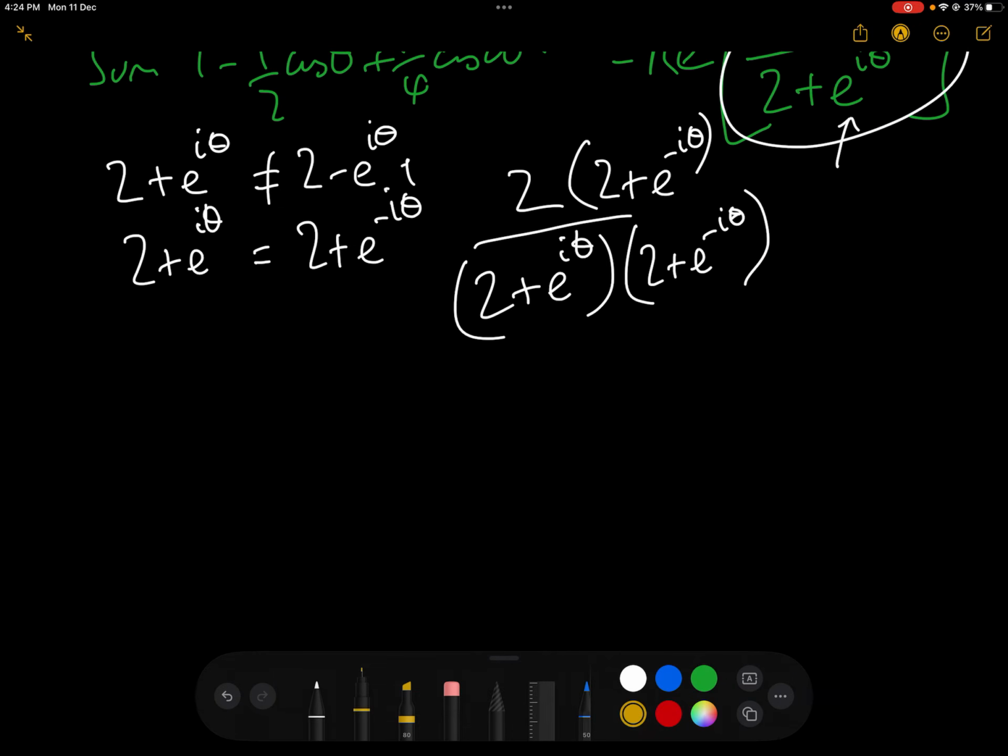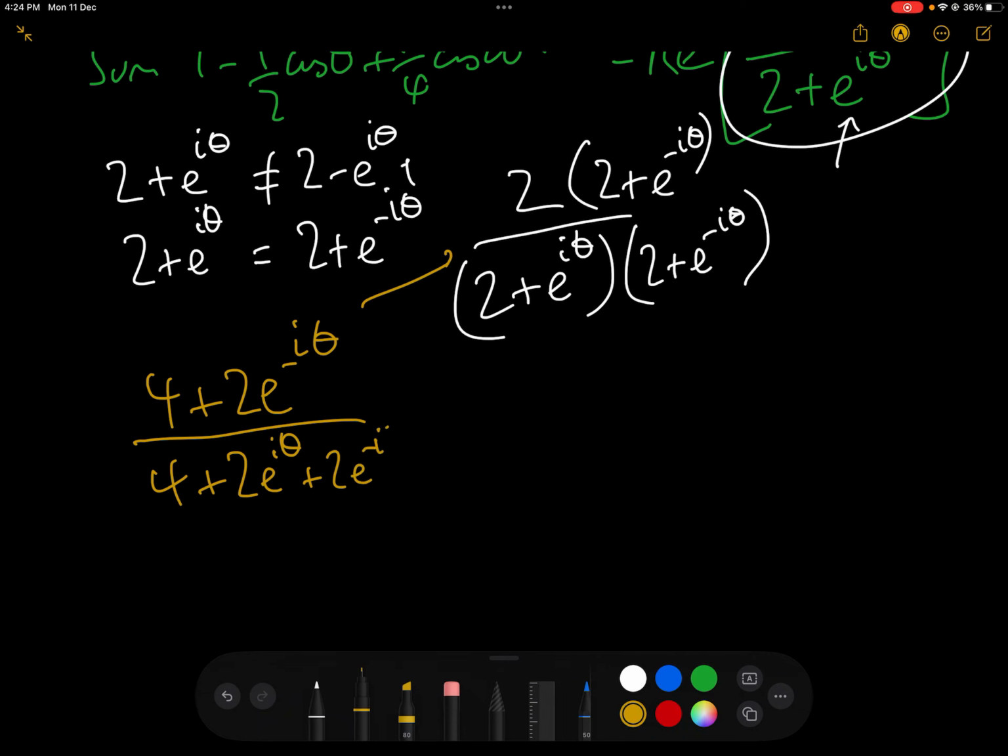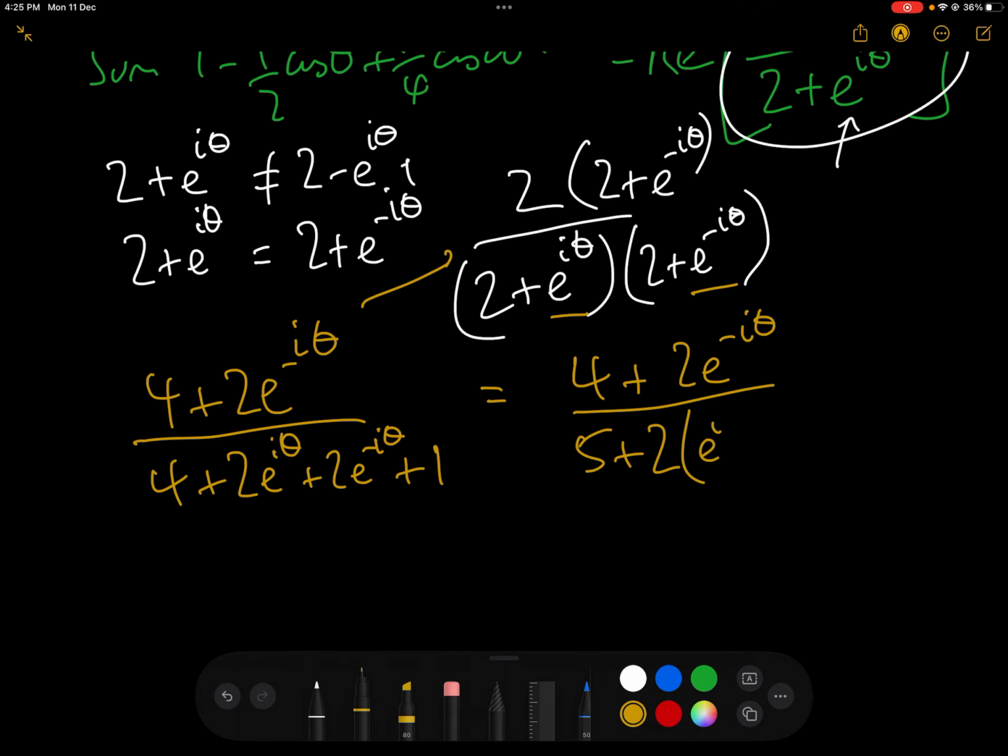And that gives us, just expanding this, 4 add 2 e to the minus I theta over 4 add 2 e to the I theta, add 2 e to the minus I theta, add e to the I theta times e to the minus I theta is 1, which equals 4 add 2 e to the minus I theta over 5 add 2 brackets e to the I theta add e to the minus I theta.